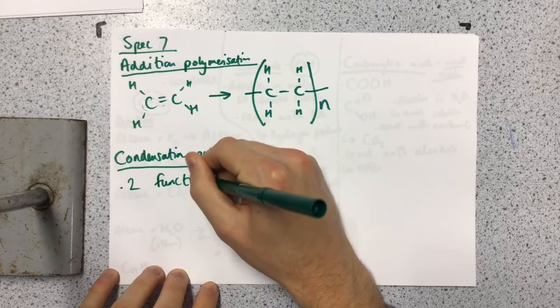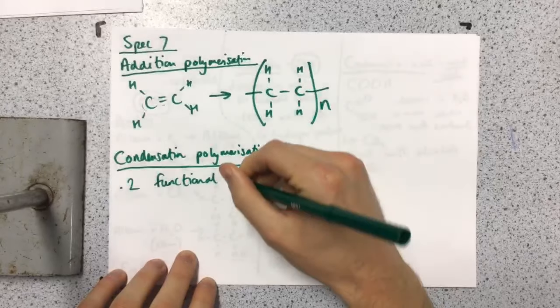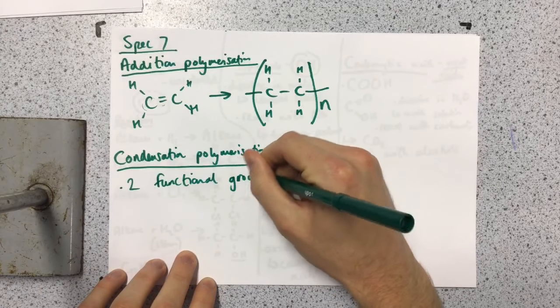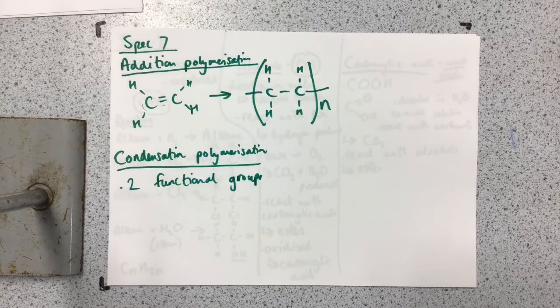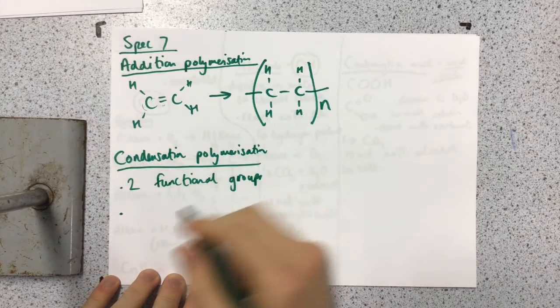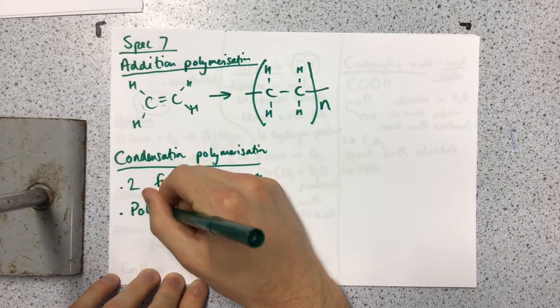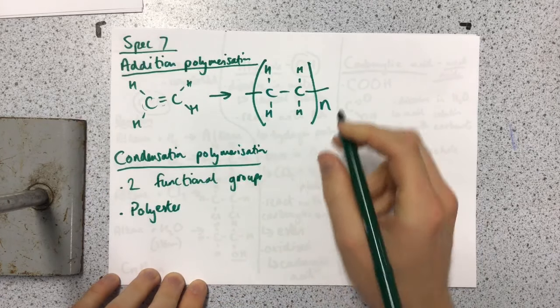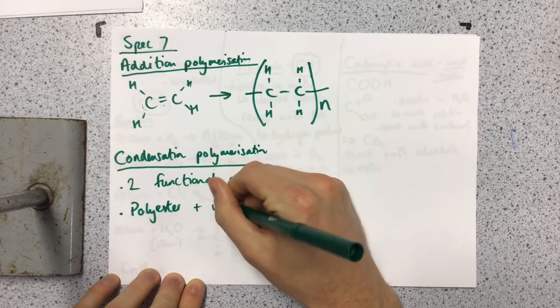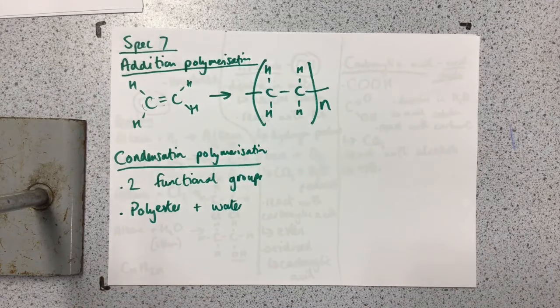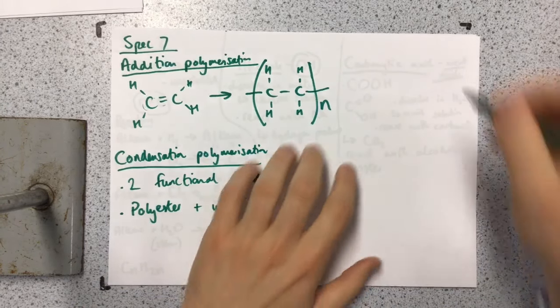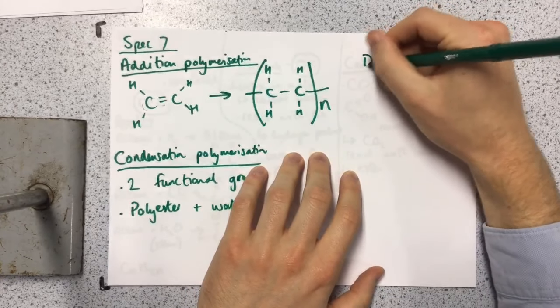This is where you have 2 functional groups. You've got different examples where you might have 1 functional group on one and another on another, and that then creates a slightly different polymer. So you end up with a polyester, and you also produce water. And then also for Spec 7, you've got a bit of DNA and amino acids.